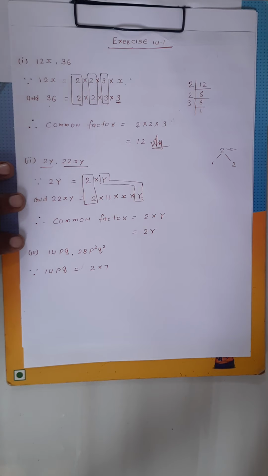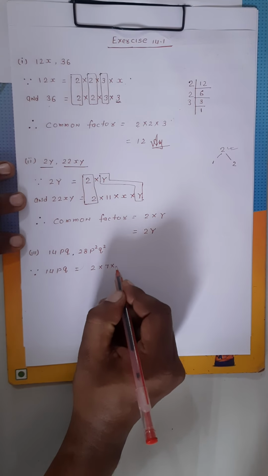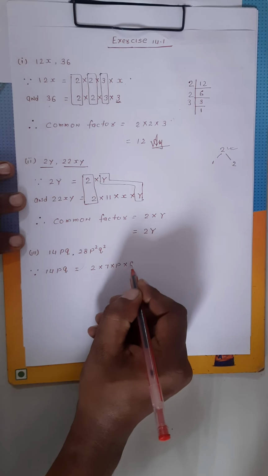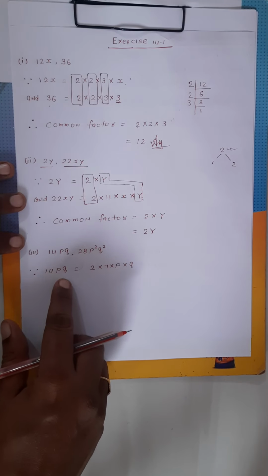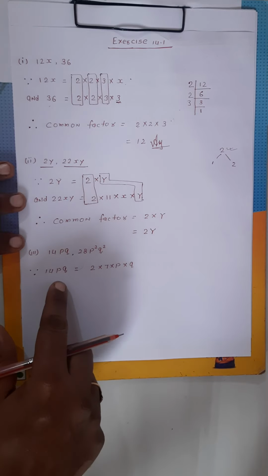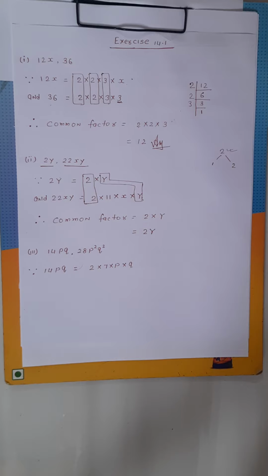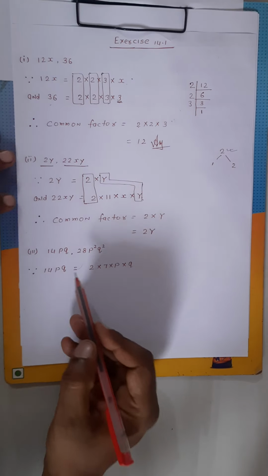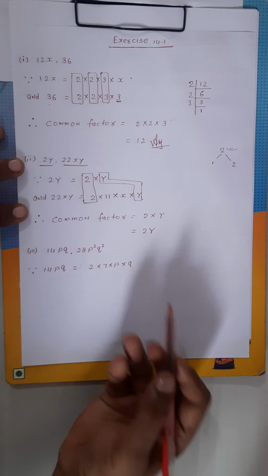Okay, we will not use the composite number, we will only use the prime numbers. Okay, so 2 into 7 into p into q. Okay, pq is also in the product of 14, so 2 into 7 into p into q we can write.